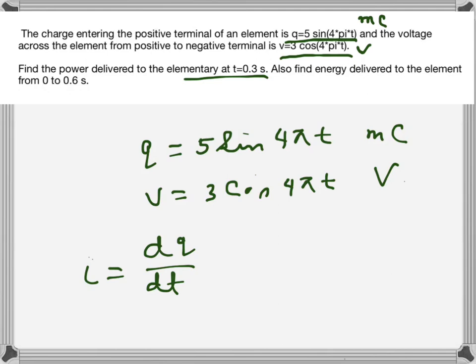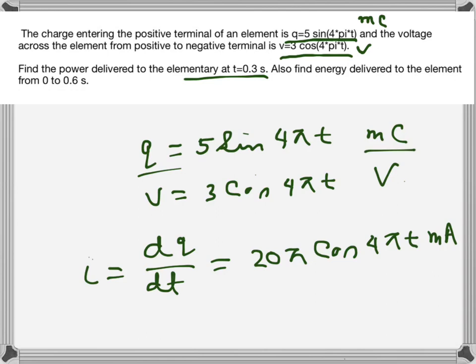Voltage times current is power. When we differentiate this, it becomes 20π cos 4πt, and the unit will be milliamps, since charge was in millicoulombs.